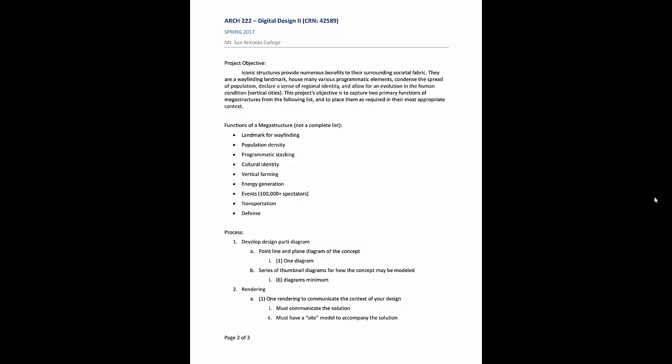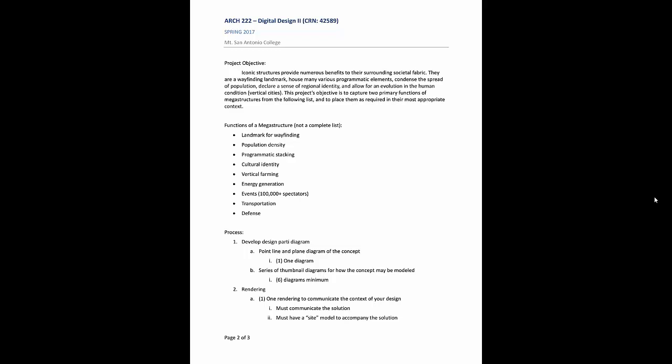The objective. You can read all the narrative about it. It's really just talking about how megastructures have the opportunity to provide a lot of functions for society that are not necessarily utilized at all times, and they're sort of jam-packed with all these different possibilities. And what we're going to do is find a way to activate them, if that makes any sense.